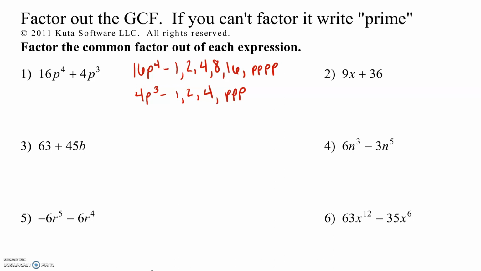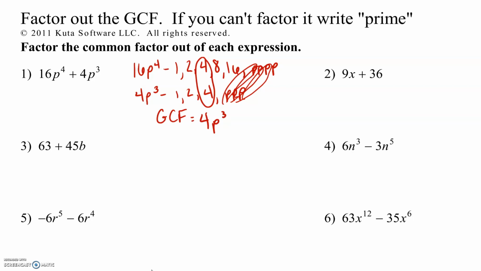So when we're looking for the GCF, we want to find the biggest number that they have in common, which would be 4. And we want to include all of the variables that they have in common, which would be 1, 2, 3 p's. So our GCF would be 4p cubed.